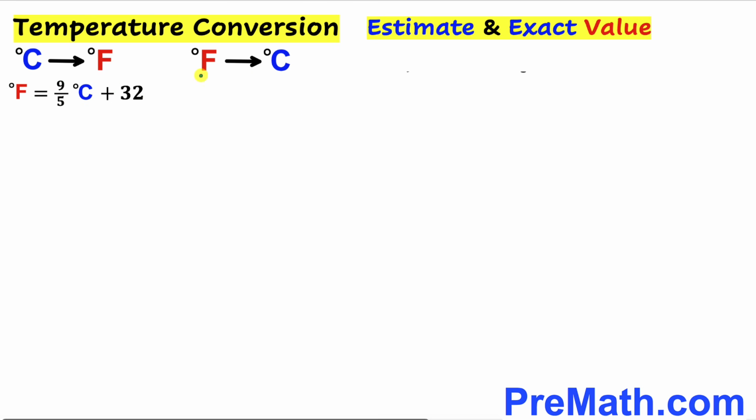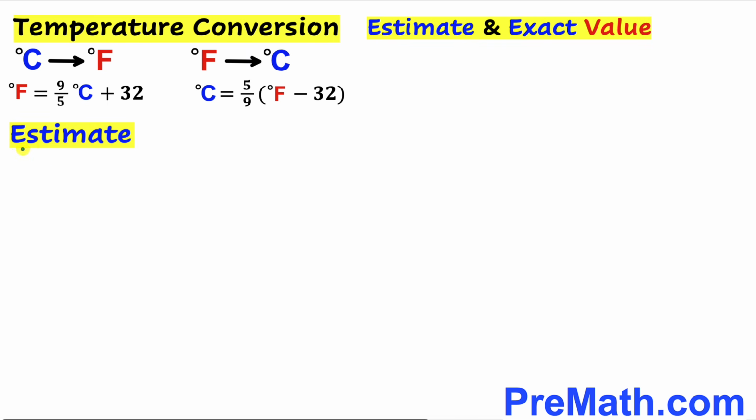And now we are going to go from degrees Fahrenheit to degrees Celsius. And here's the formula for that one. If we know the value of Fahrenheit, then we can calculate the value of C. And that's going to be equal to 5 divided by 9 times F minus 32 inside the parentheses.